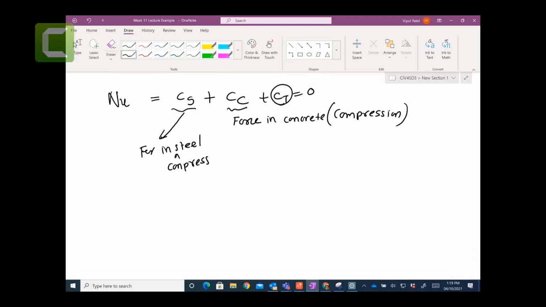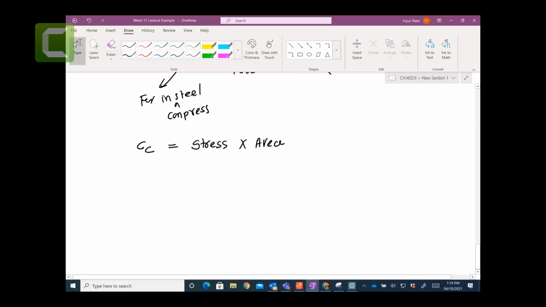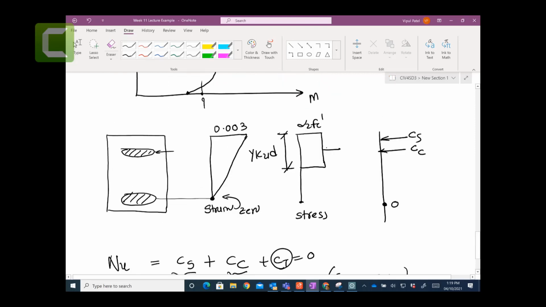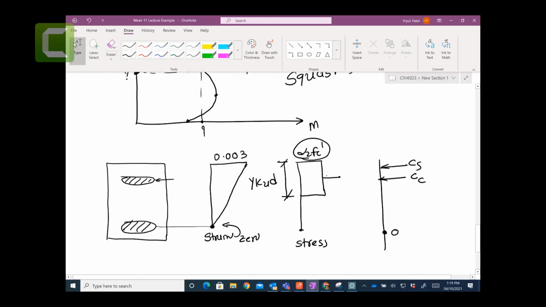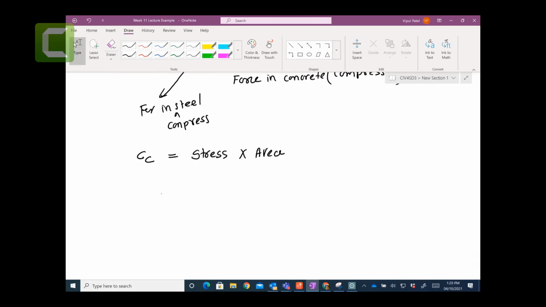Now the concrete compression force, let's say force CC, is equal to stress times area, right? The same philosophy that we used before. Now let's calculate the stress. The stress in the concrete compression is alpha 2 f'c. What is alpha 2?